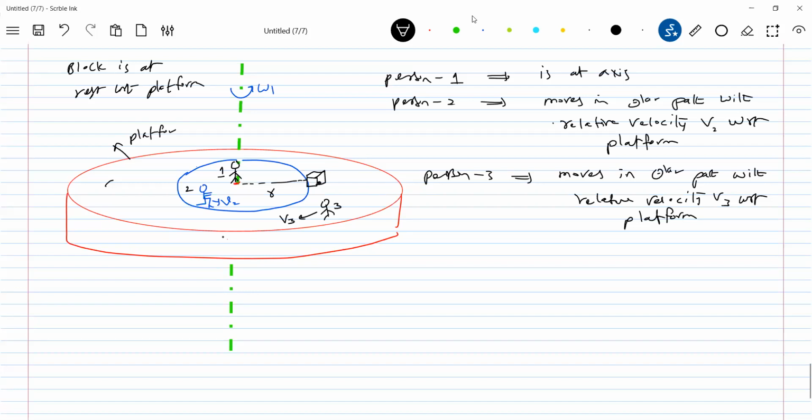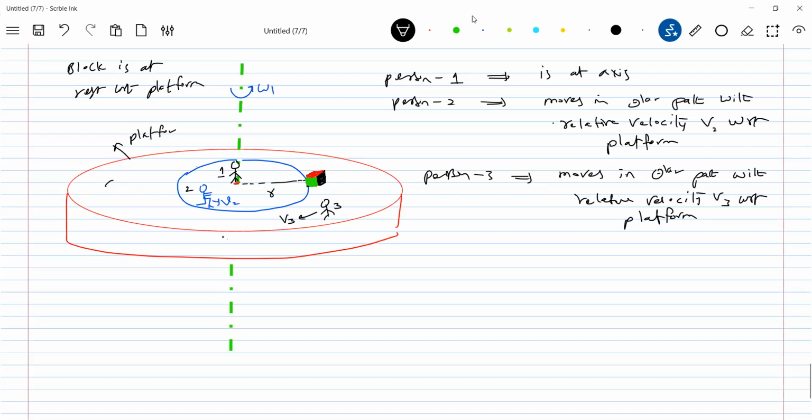Now, what is the pseudo force or what is the centrifugal force that is acting on the block as seen by all these 3 persons? I'm just showing the block 3-dimensional. This is the core idea of centrifugal force. Some of you might have studied in school that centrifugal force balances centripetal force.